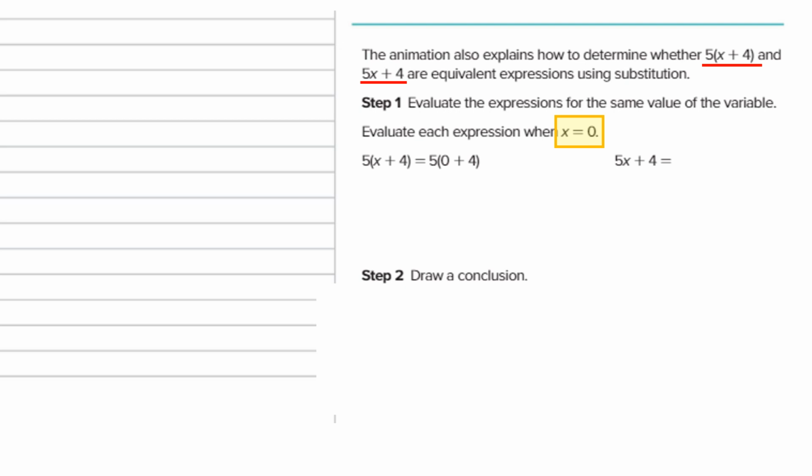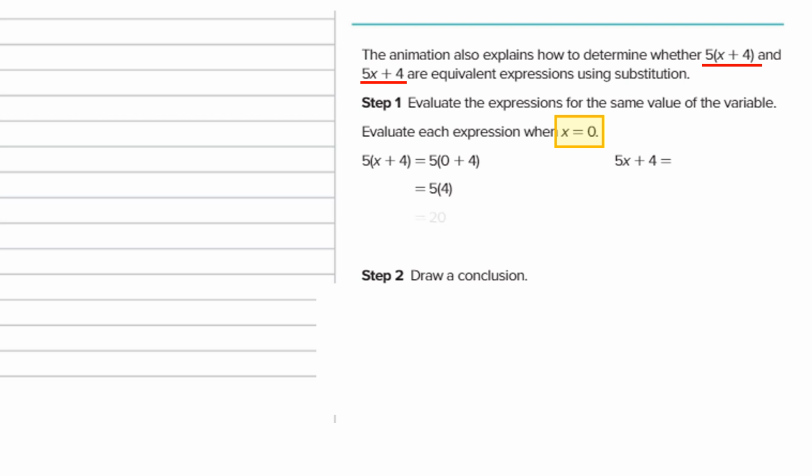So they're saying, well, one of the ways I can do this is by checking and filling in with zeros. All right. So if I check and I fill in with zeros, then I have 5 times 0 plus 4. And 5 times 0 plus 4, well, that would be 5 times 4, because I do the math inside the parentheses.